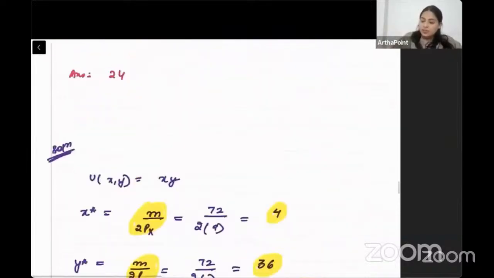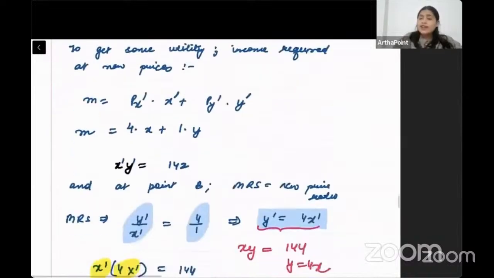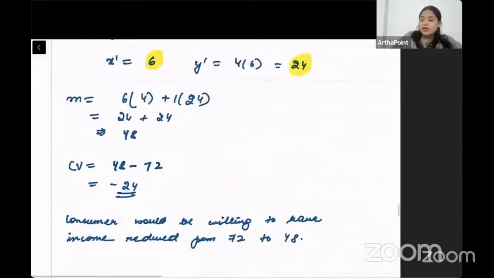ये bundle हो गया बेटा यहाँ पर. This is 6,24. Both the bundles are giving you same level of utility. ये old price ratio पे, ये new price ratio पे. Go ahead and find the income required for the new bundle. So income required for new bundle will be x into price of x now plus y into price of y now.